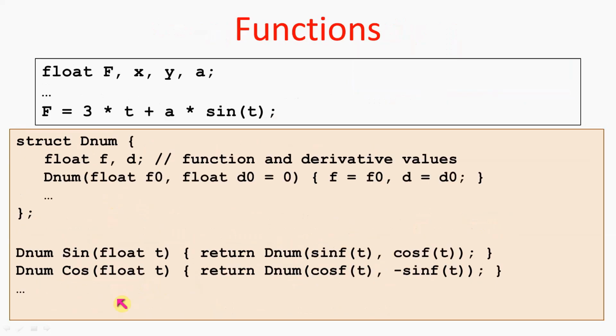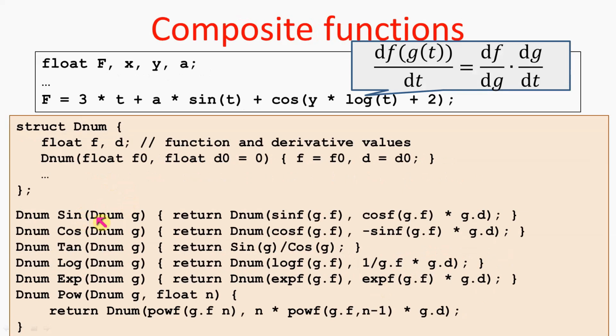Having done so, we can forget this previous first implementation because our more general implementation incorporates this as a special case. Let's assume, for example, that g is just the derivation variable t. In that case, the derivative is just 1.